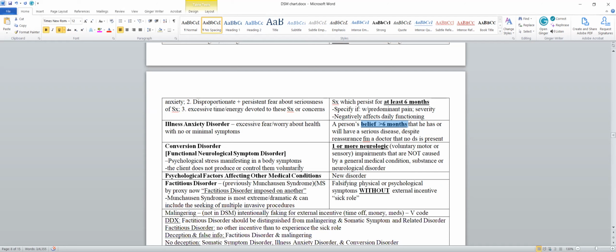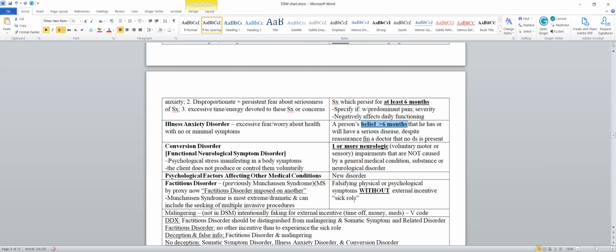Factitious disorder, previously Munchausen syndrome, and Munchausen syndrome by proxy, now factitious disorder imposed on another. Munchausen syndrome is the most extreme and dramatic and can include the seeking of multiple invasive procedures.